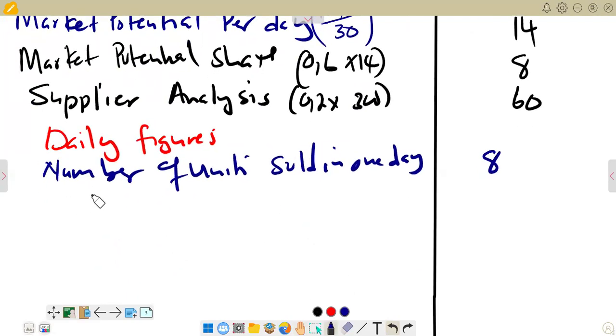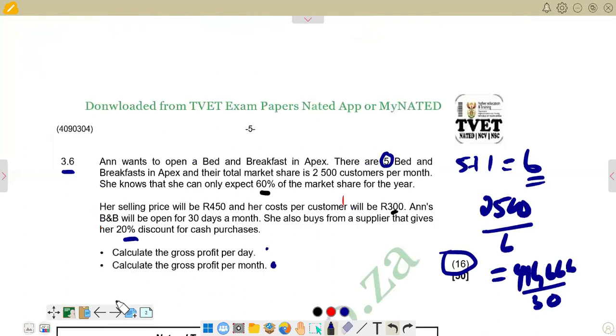We are going to have the selling price per day. Remember, the selling price we are given is 450.